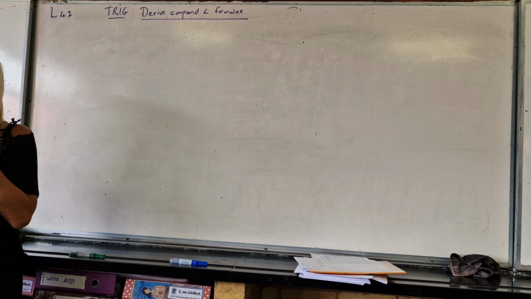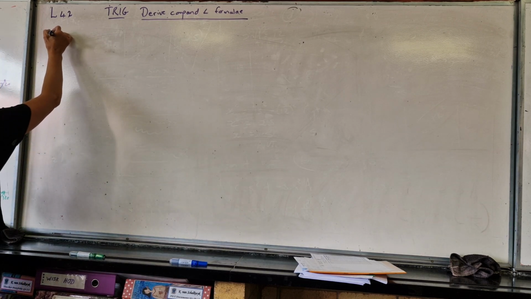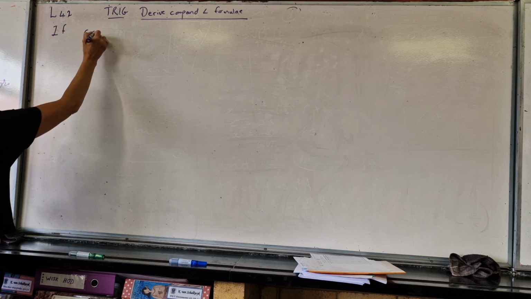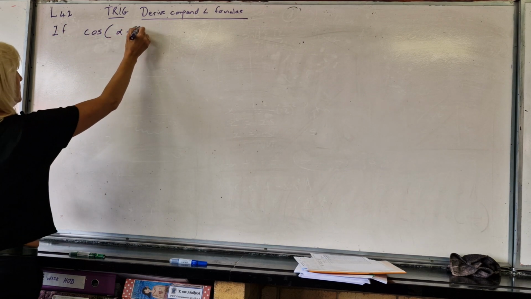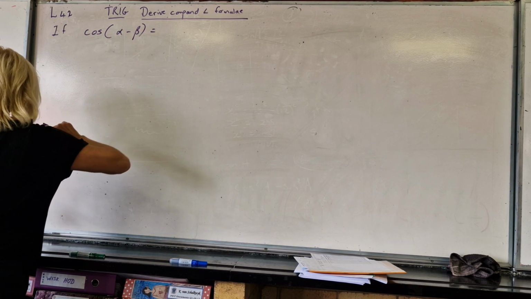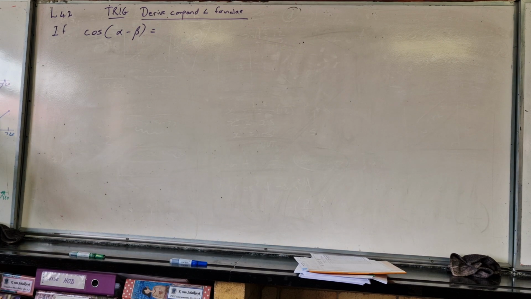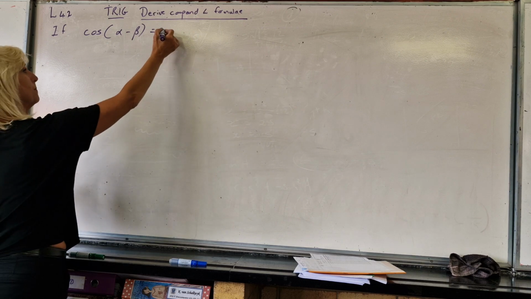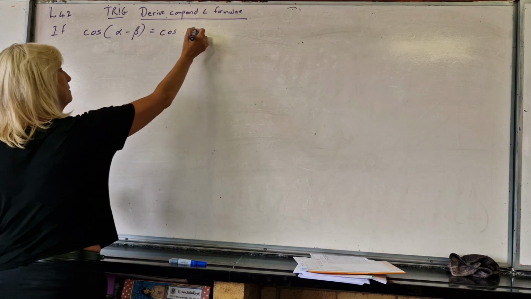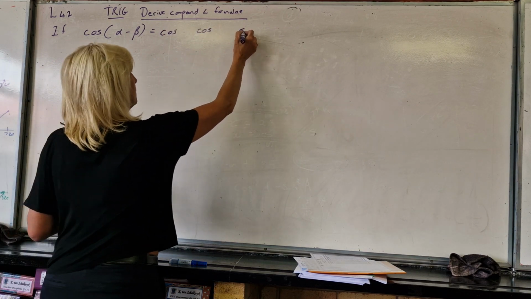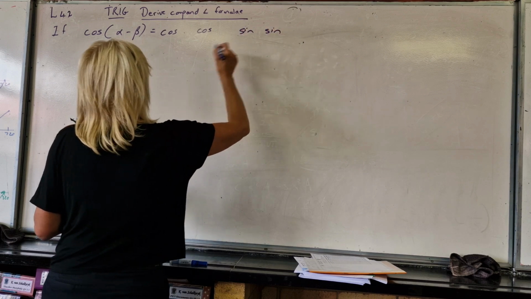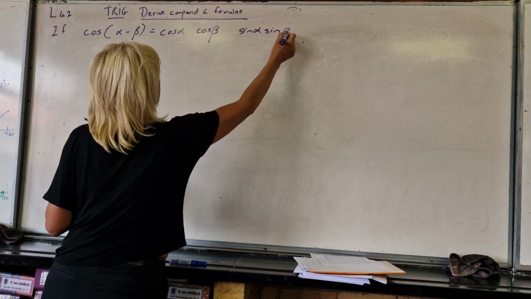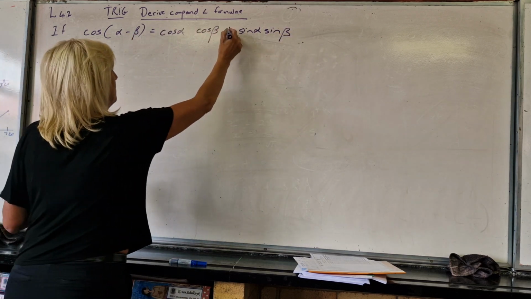The way that the question is asked says that if we assume or we know that cos(alpha minus beta), is it the plus one? Let me just check. Yes, cos(alpha minus beta) is equal to, now you know this, please help me, cos alpha cos beta plus sin alpha sin beta.